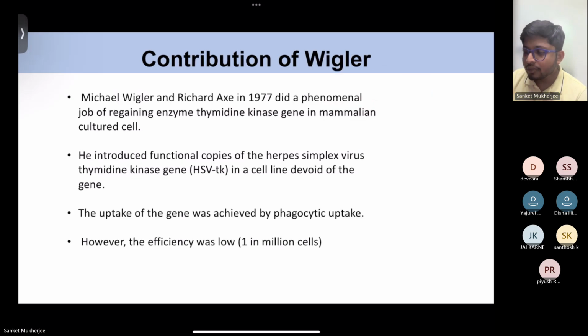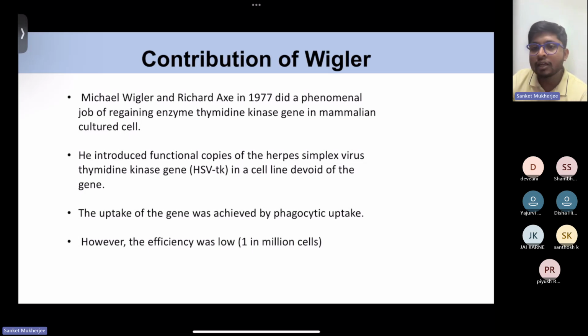So similarly, Wigler and Richard Axel in 1970 did a phenomenal job of regaining the enzyme thymidine kinase gene in mammalian cultured cells. He introduced functional copies of thymidine kinase from herpes simplex virus.